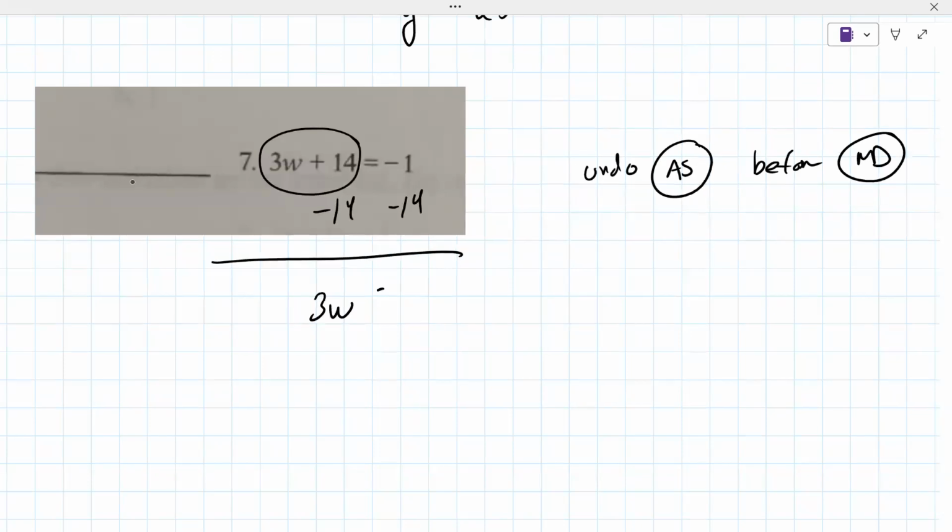So that gives you 3w equals what number? That would be -15. Good, and then you divide both sides by 3. What does W equal? W would equal -5. You are correct.